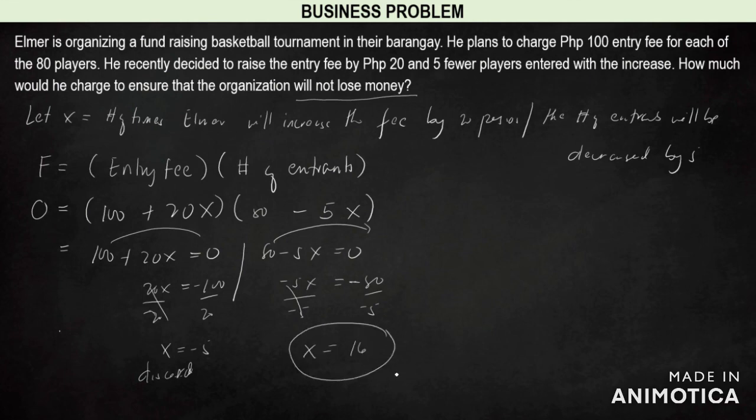This means Elmer can increase the fee by 20 pesos 16 times.